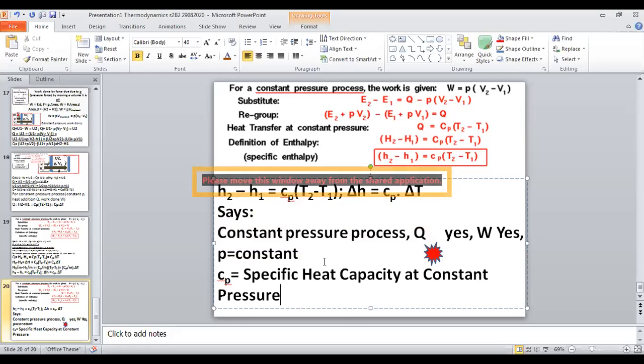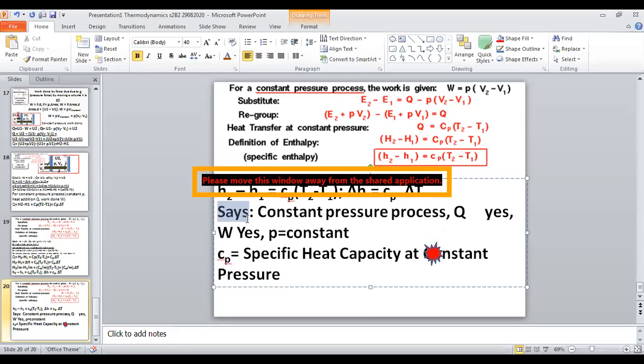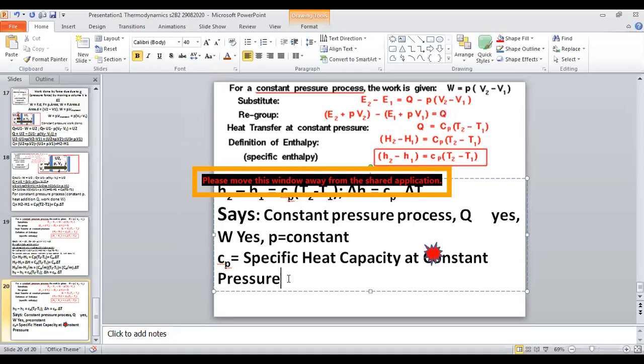Okay, we call it Cp. So this is specific heat capacity at constant pressure. Or you can write it as, you can bring constant pressure to the front.